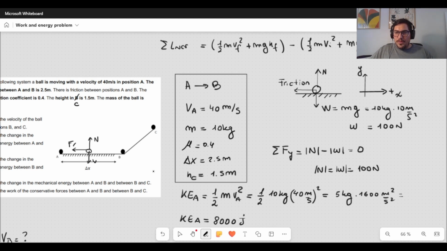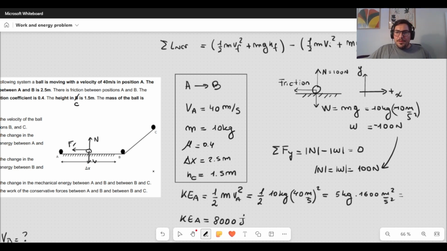The normal we consider positive because it points upwards, and the weight negative because it points downwards. So the normal force is equal to the weight, and we know the weight is 100, so the normal force is also 100 newtons. In this frame of reference, normal is 100 and weight is minus 100 newtons.